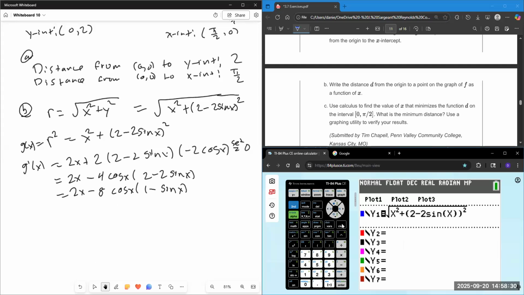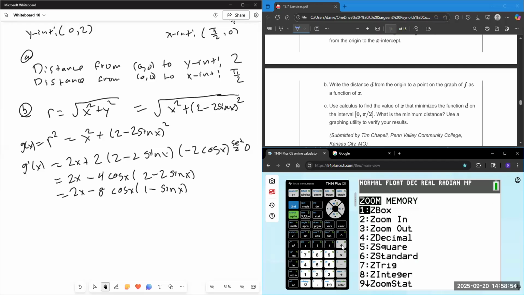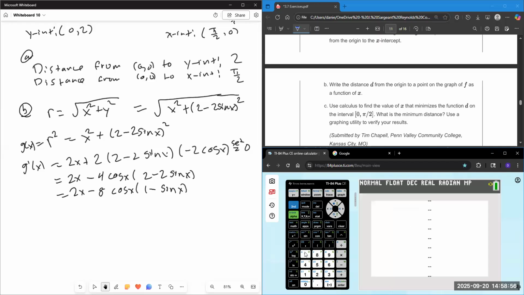Y equals 2x minus 8 cosine of x times (1 minus sine of x), close parentheses for sine, close parentheses for the grouping symbol, and I will zoom trig.